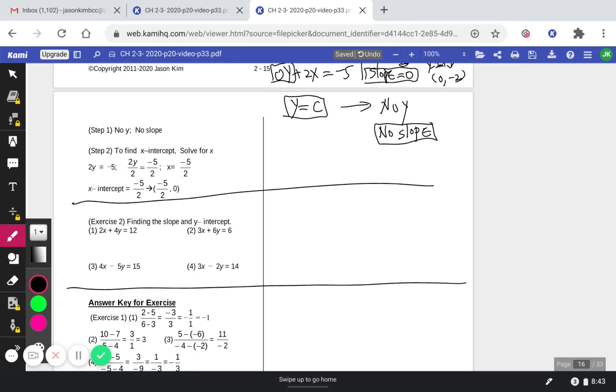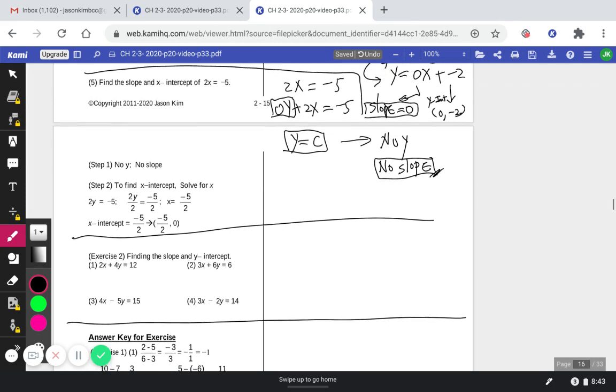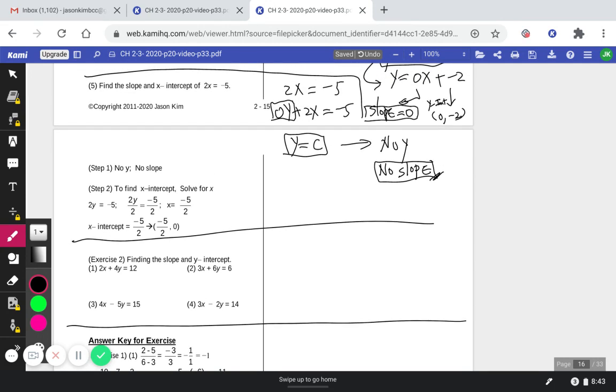Okay. By the way, there is no slope in the previous question. Then what is the y-intercept? If you get 2x equals -5, divide both sides by 2. Sorry, this was wrong, it's 2x equals -5.